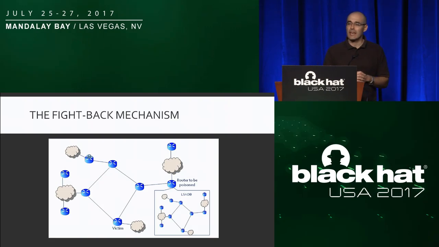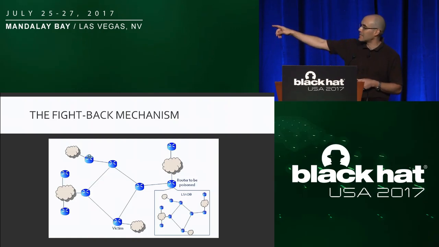Now I will touch on a very important security mechanism in OSPF, which is called the fightback mechanism. Let's say we have an attacker which resides within the network. This attacker can simply send out false LSAs on behalf of other routers in the network.